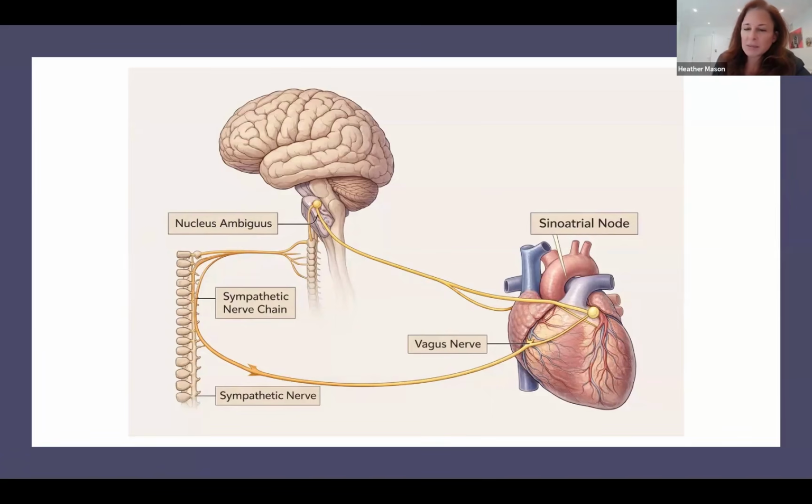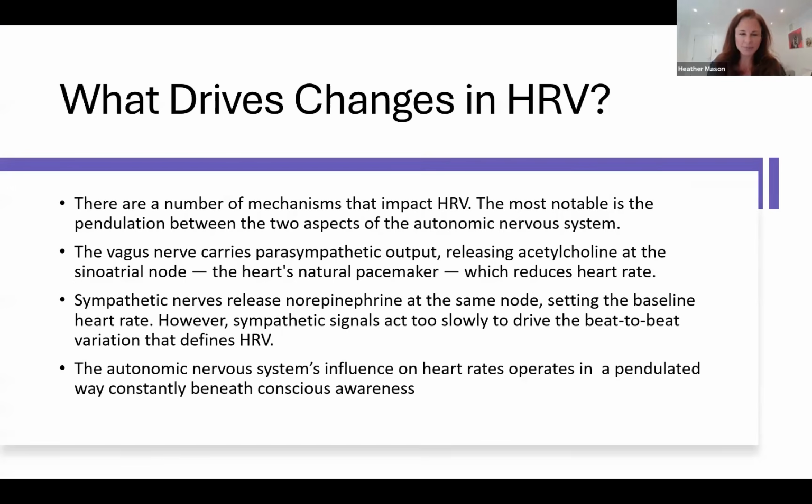In this process, it's slowing down the heart rate. I'm sorry, the sinoatrial node is actually closer to here, so the label isn't right. We're pretty close in terms of where the point is, but it's extremely difficult to get a perfect diagram of this.